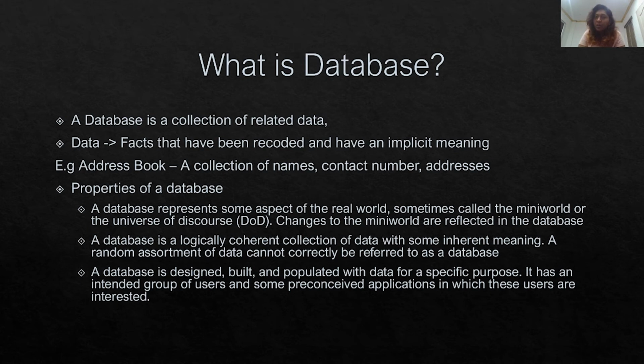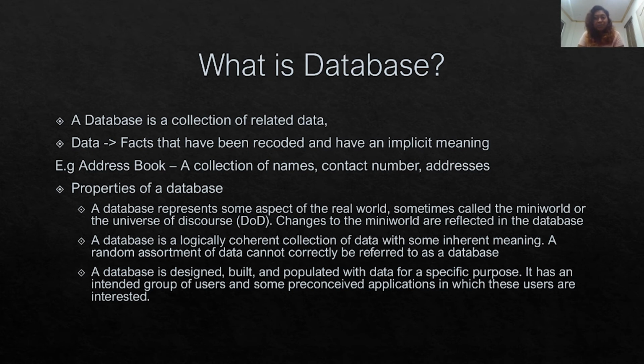We store the names of the people in ascending order along with their contact number and addresses in the address book. So if we need to look up a particular person's contact, we can just look up easily because they are sorted alphabetically when stored. So this is a very good example of data. So a collection of a lot of related data forms a database.